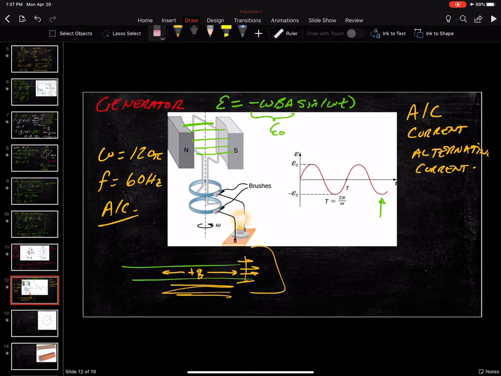Now, here's something very interesting. Suppose you cut these wires here. Or better yet, suppose you replace this light bulb here with a battery. So get rid of the light bulb and replace it with a battery. In that case, what happens?